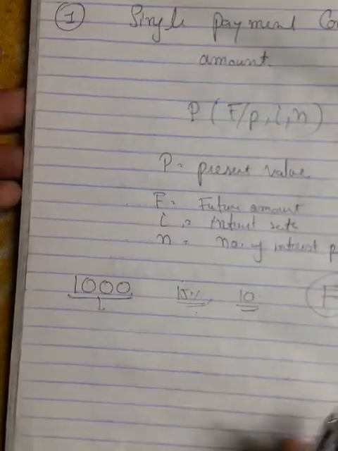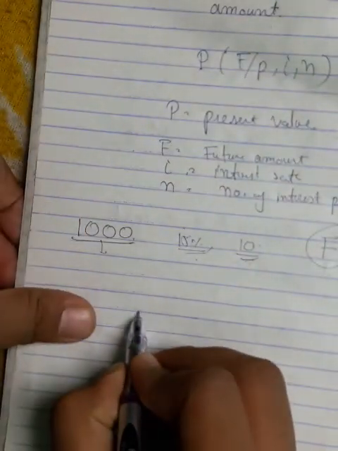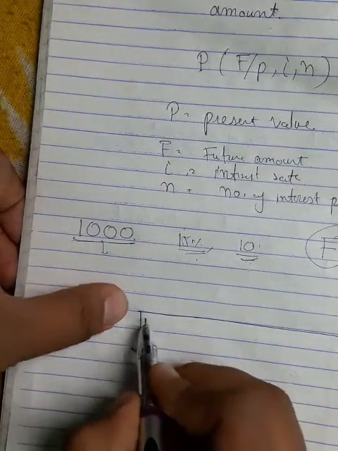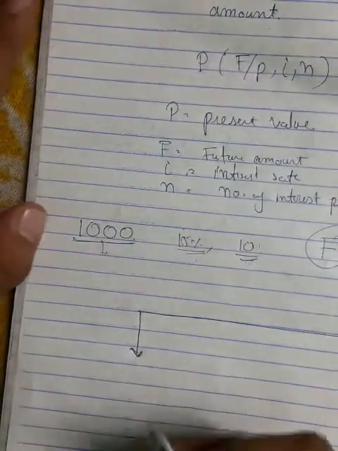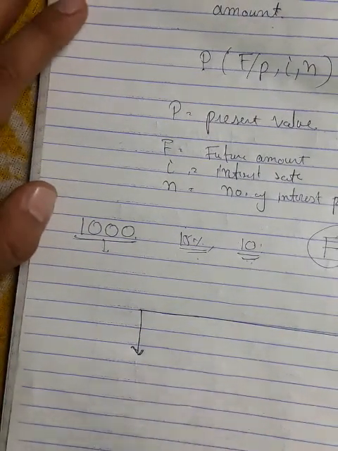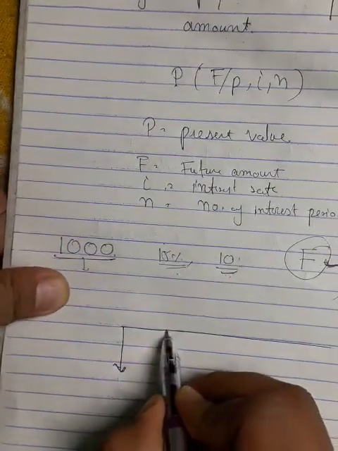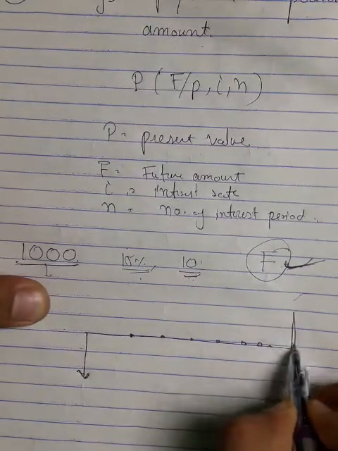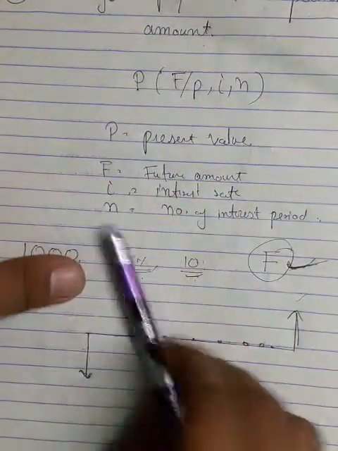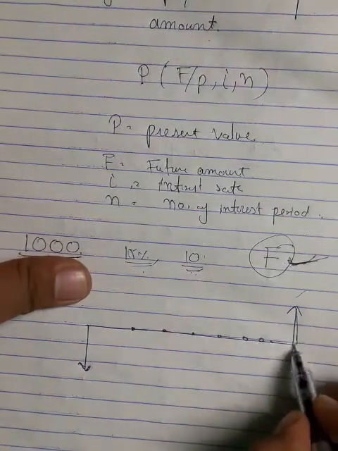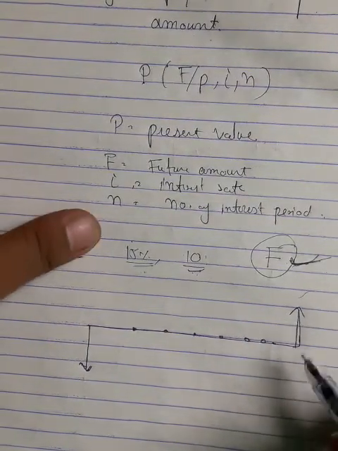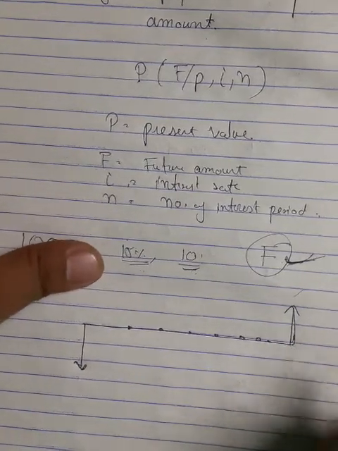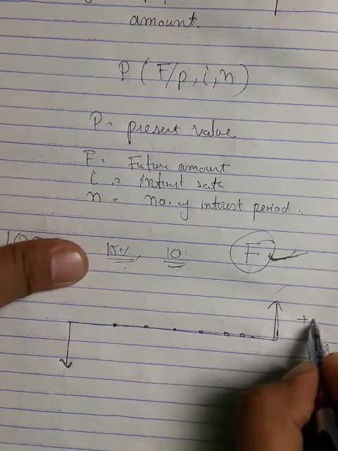In a cash flow diagram, the line is horizontal, and here we are going to invest. A downward line indicates that we are going to spend, and we have some number of years. The upward line indicates the future amount that I am going to get back, the earning, generally shown with a plus sign.